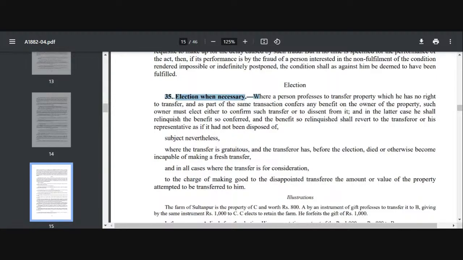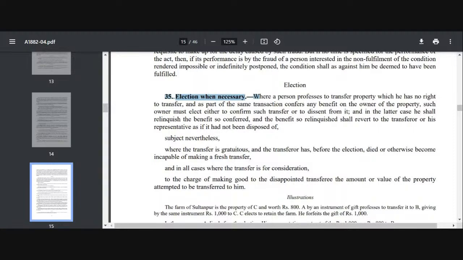If a person is professing to transfer a property not his own, and in lieu of this transfer, the transferor is conferring certain benefits upon the owner, and the transferring of property and the conferring of benefit form part of the same instrument, then the owner of property is bound to choose or elect either to take up the benefit and transfer his property, or to retain his property and give up the benefit.